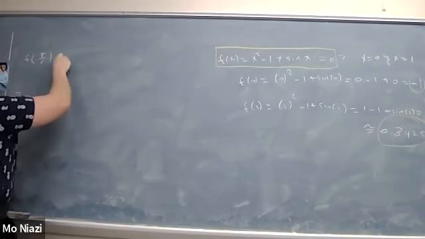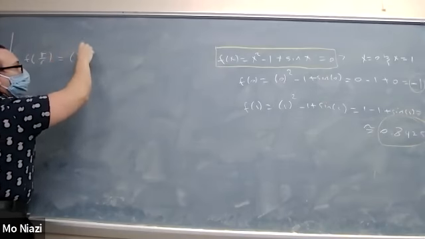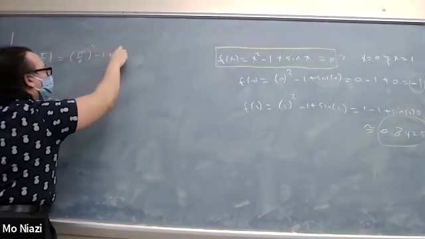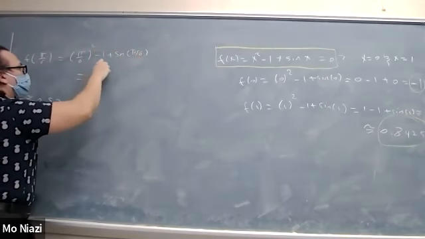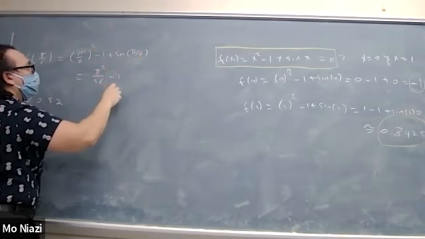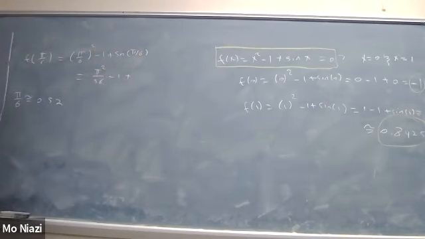So this becomes pi squared over 36 minus 1 plus, what's the sine of pi over 6? My student who took trig with me, what's the sine of pi over 6? What's that? That's right, it's 1/2.